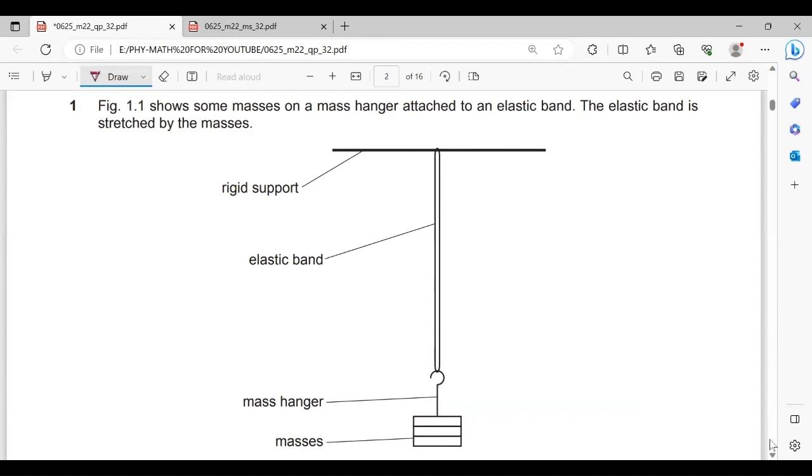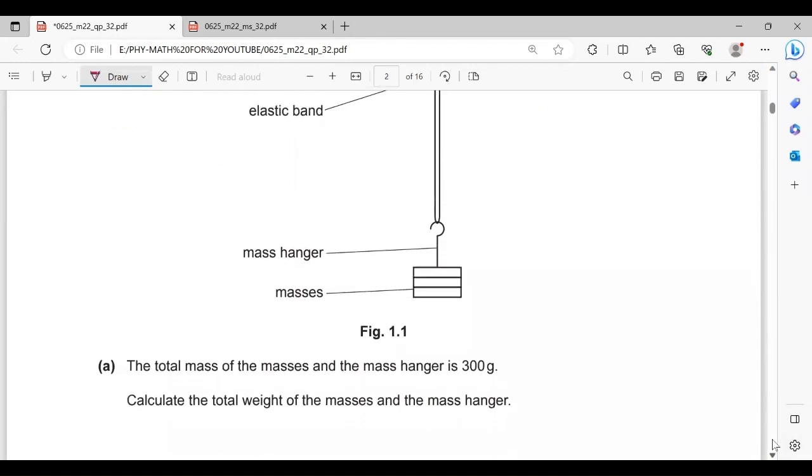You may look at this. The total mass of the meshes and the mesh hanger is 300 grams. Calculate the total weight of the meshes and the mesh hanger.